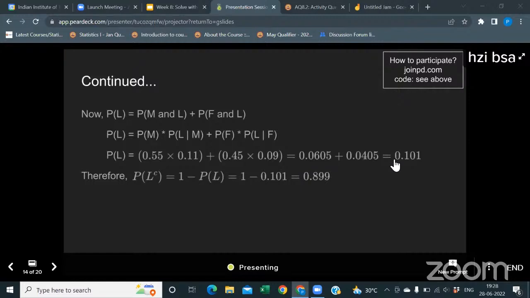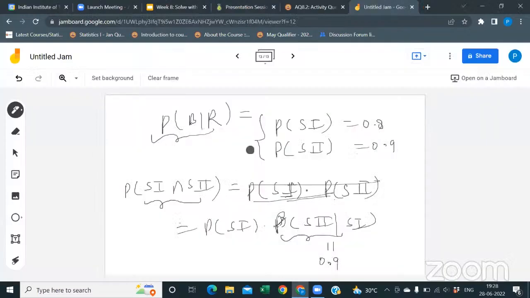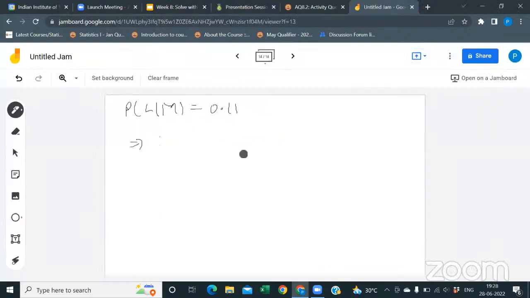Another approach can be like this. You know the probability of being left-handed given male is 0.11, so the probability of not left-handed given male is 1 minus 0.11, right?